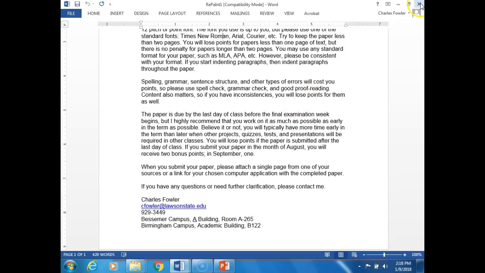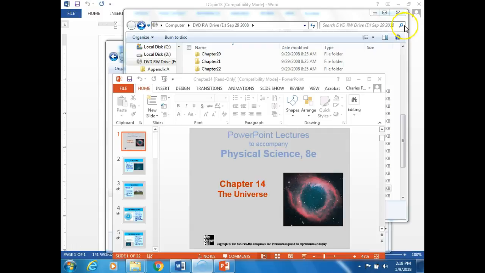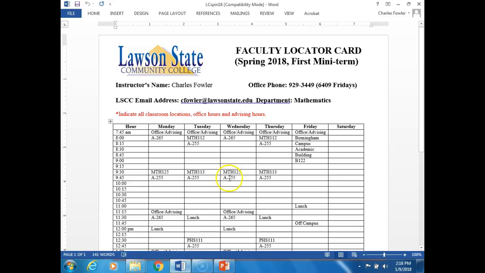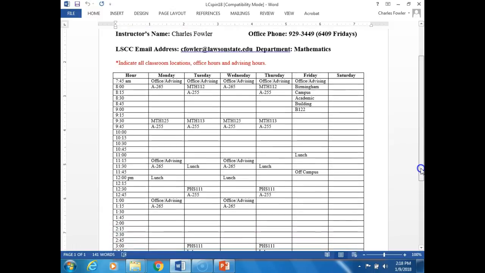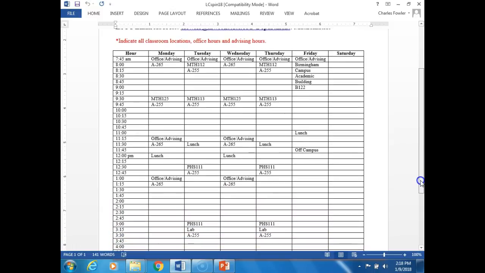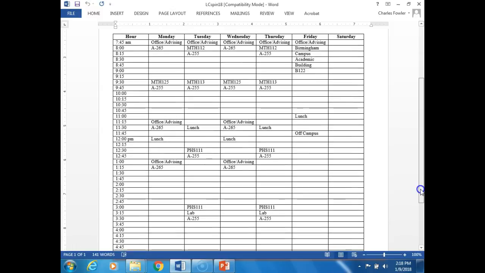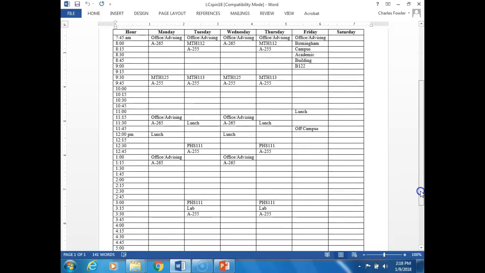Let's close that out. Okay. Last thing we're going to do in Word is this. This is my locator card, and for first mini term, I've got 1 correction to make on it. Actually, probably 2.